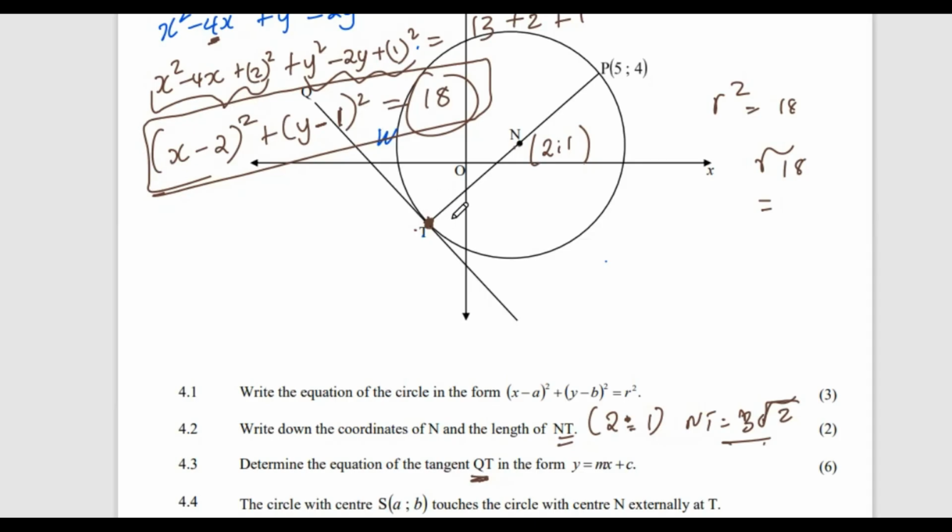Then we shall be in position to get the equation of the tangent. Okay, so I'm going to start with determining the gradient. So I'll say m of PN is going to be 4 minus 1 over 5 minus 2. So that is a 3 over 3, which is a 1.